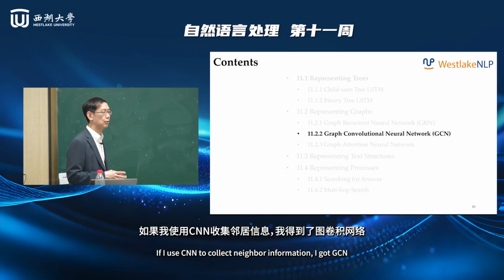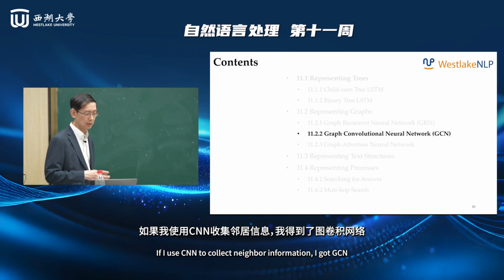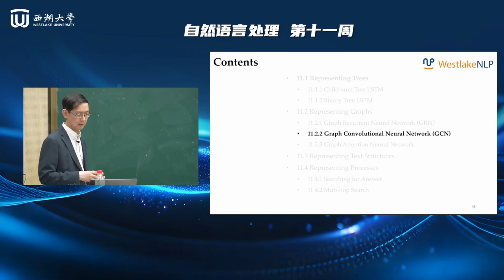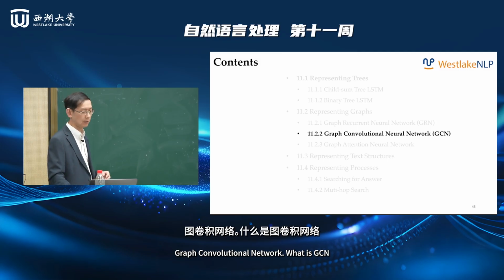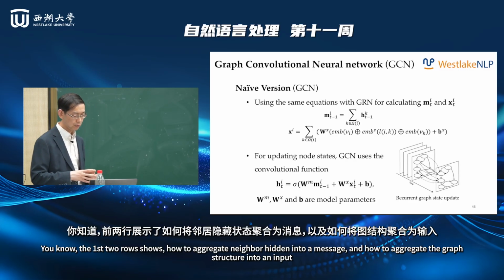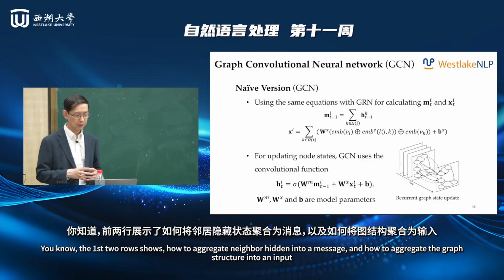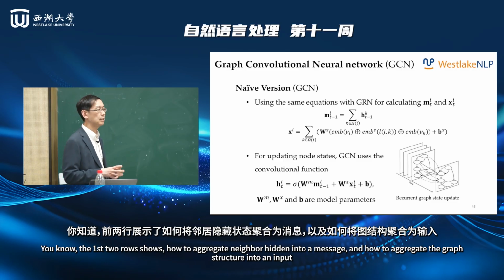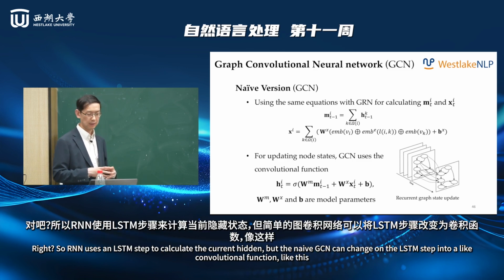But if I use CNN to collect neighbor information, I got GCN, Graph Convolutional Network. What is GCN? You know, the first two rows shows how to aggregate neighbor hidden into a message and how to aggregate the graph structure into an input, right?